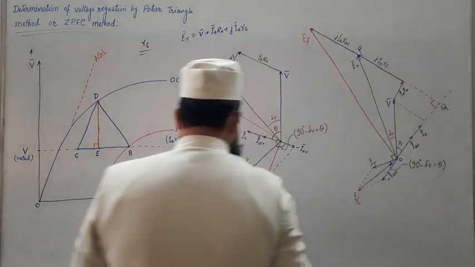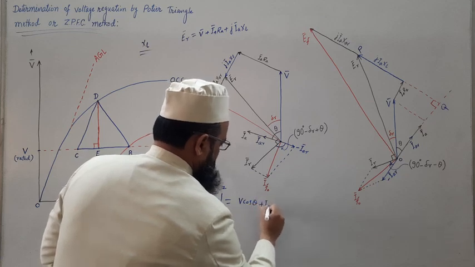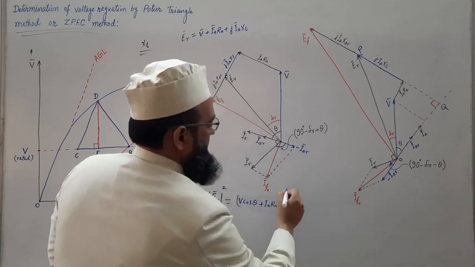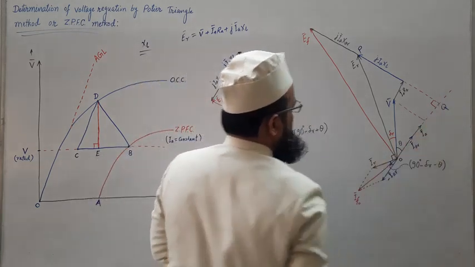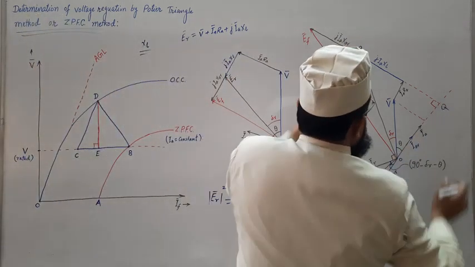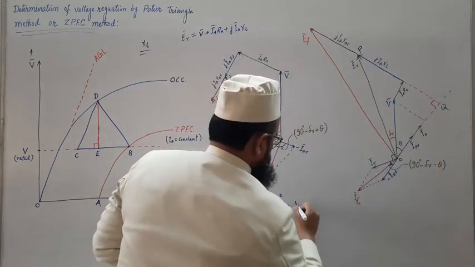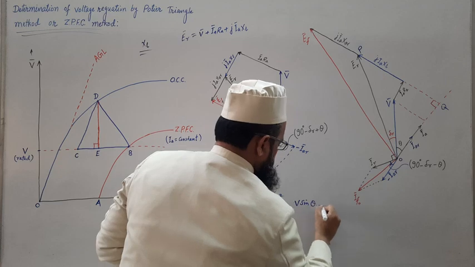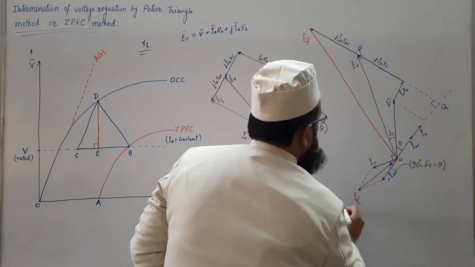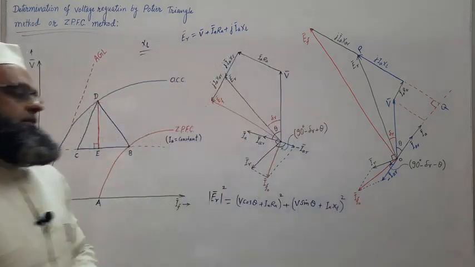Just write down with me, V cos theta plus IARA, squared, this is OQ squared, right? Plus we need to take the square of this. So this is IAXL and this is V sin theta, so V sin theta plus IAXL, squared.